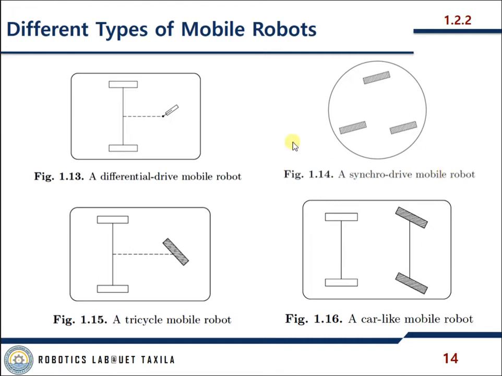There are two motors: one motor controls the speed of this vehicle, and the other motor controls the direction. So these three wheels move synchronously.